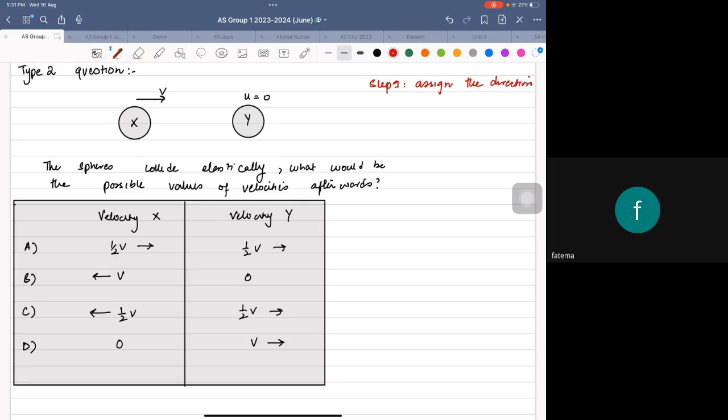These are all vector quantities. So suppose I'm taking this side as positive, this side is negative, which means this will be positive, this will be nothing, this will be positive. I'm going to put it on every single value that I find. So this will be negative, this will be negative, this will be positive, this will be positive. I have to put it everywhere. Is it clear?